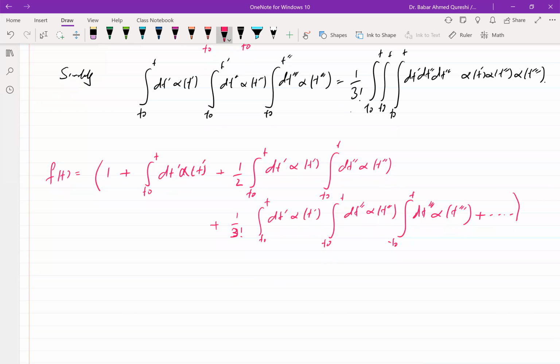And outside is multiplied by f of t naught.